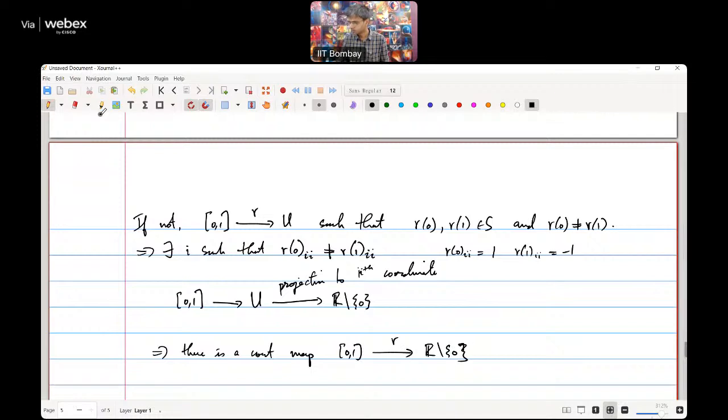Let me call this map gamma prime, where gamma prime of 0 is equal to 1, and gamma prime of 1 is equal to minus 1. But this is clearly not possible. There is no path which connects minus 1 to 1. So there's a contradiction.